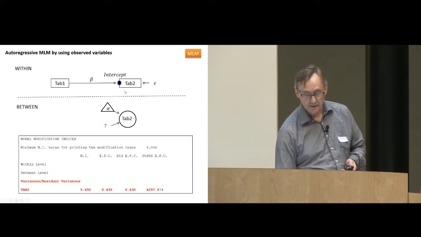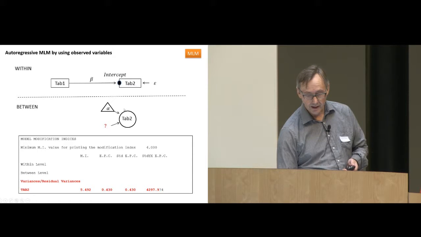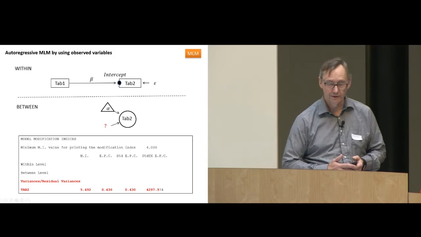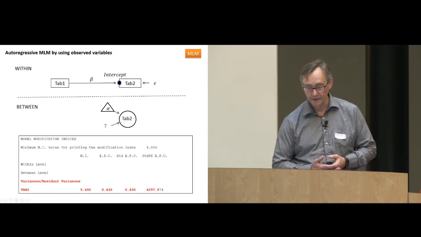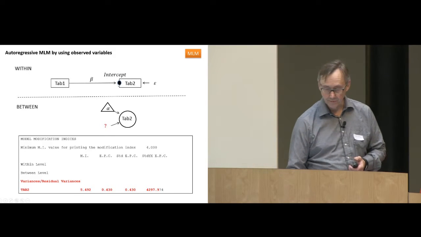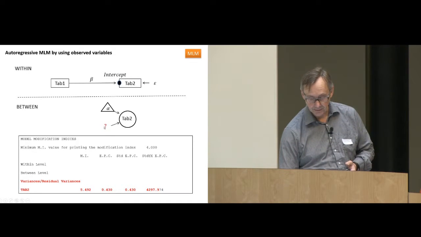It means that using this multi-level modeling, I need to estimate random intercepts that vary between individuals. And therefore, I estimate variance at the between level.